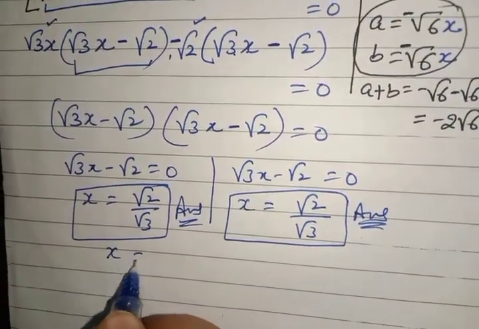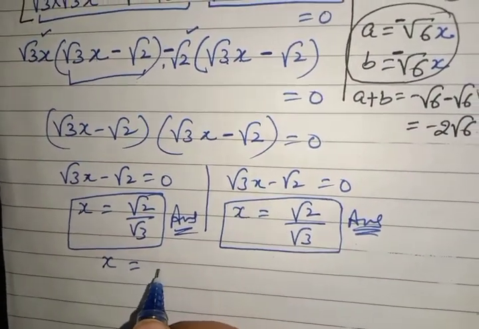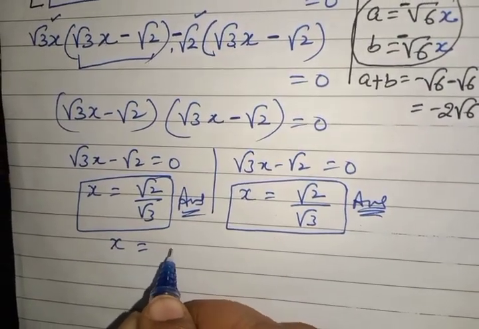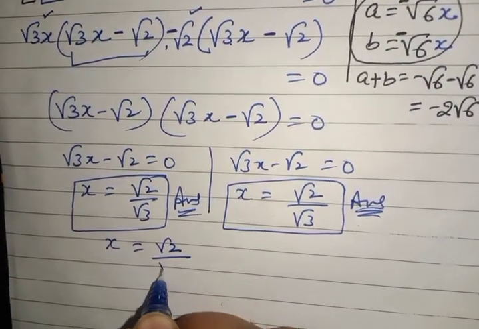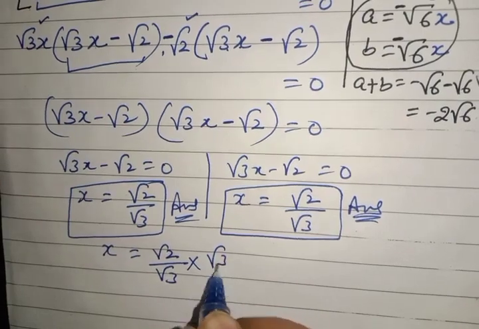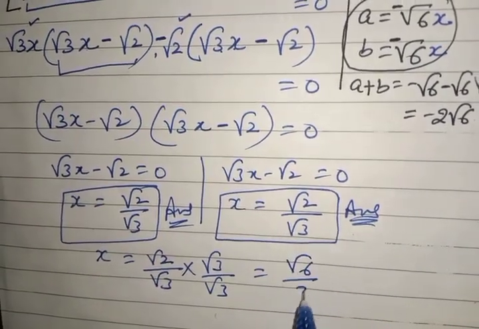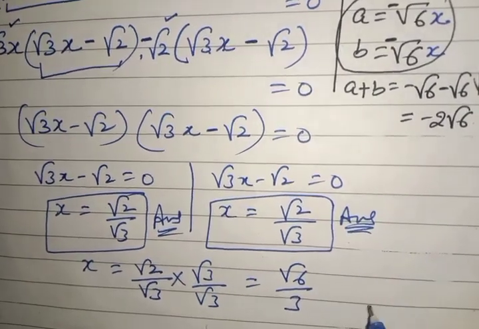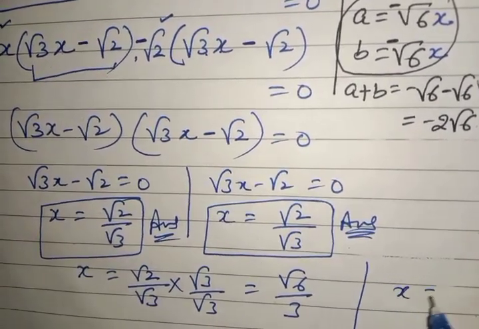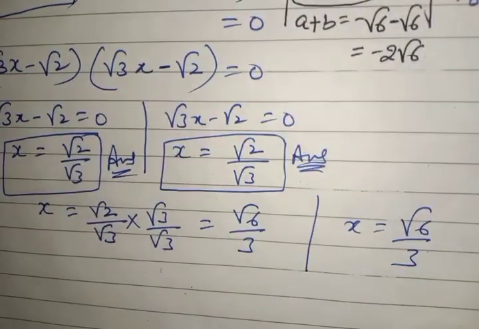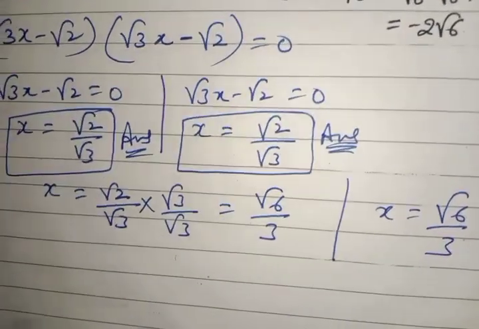So the answer after rationalizing it is root 2 by root 3 multiplied by root 3 by root 3, which is equal to root 6 by 3, and similarly the second answer is also root 6 by 3. So this is our final answer.